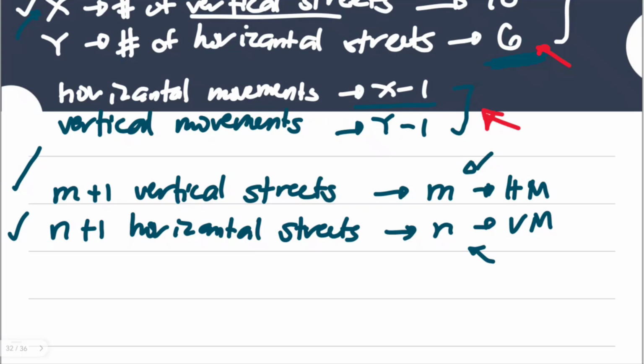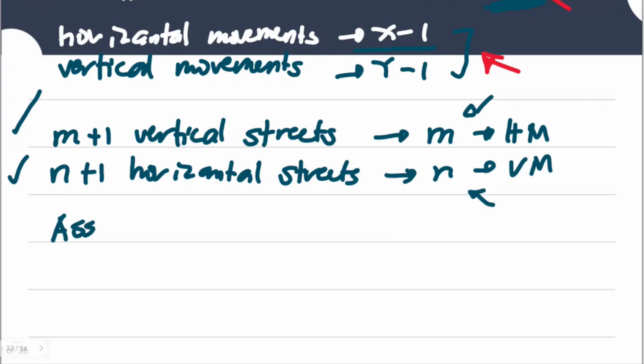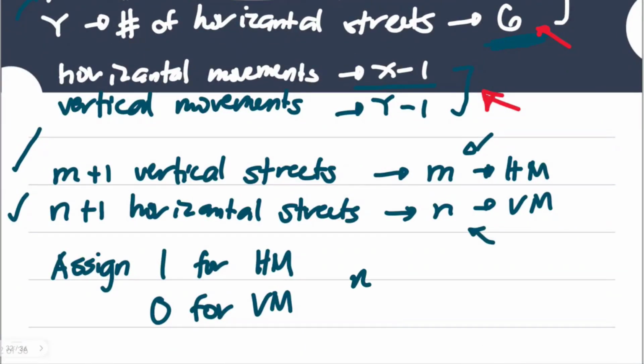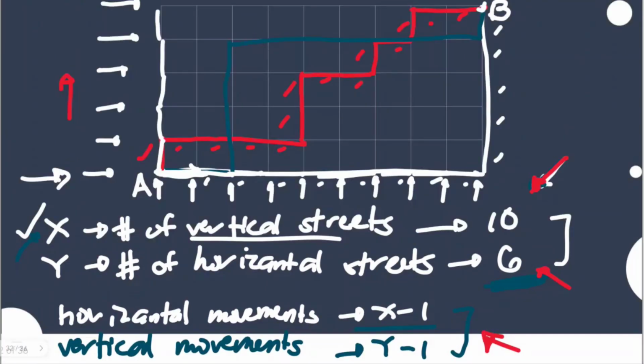Why are these very important? Because if you're going to look into the vertical streets, and let's say assign 1 for horizontal movement and assign 0 for vertical movement, each route from A to B will be a combination of 1 and 0.